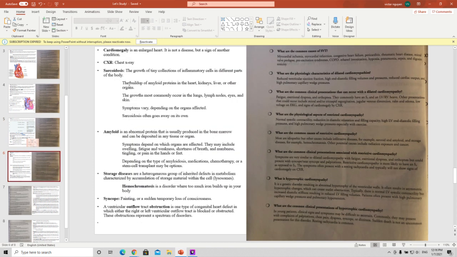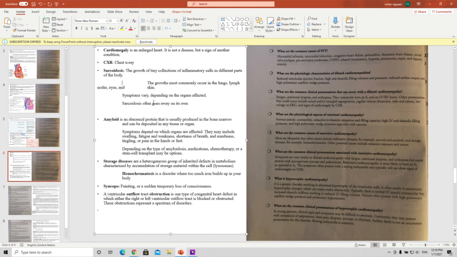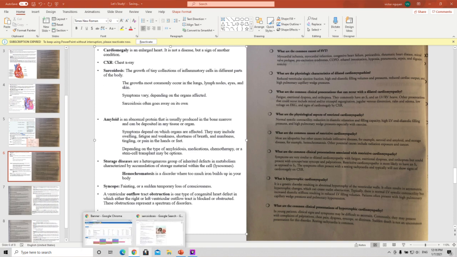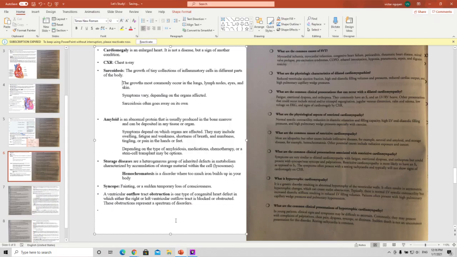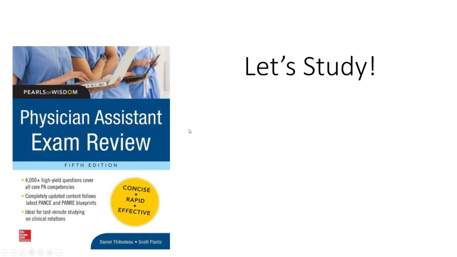I gotta revise this. Oh, just this one. Okay. Growths occur, commonly occur, symptoms vary, organs affected. It goes away on its own. Okay, here we go. Now we're good.